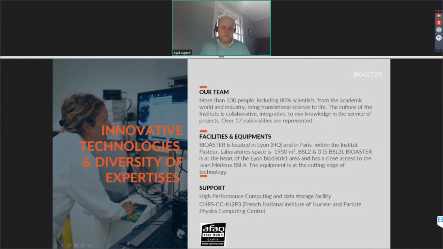And we have the chance to have the support of a high performance computing and data storage facility, as was mentioned before during the roundtable. Tackling all the questions we're trying to answer requires access to high power computing. And for this, we have the support and collaboration of CNRS, CC, IN2P3, which is listed here.